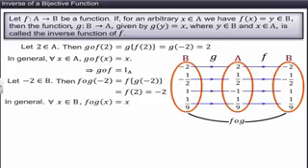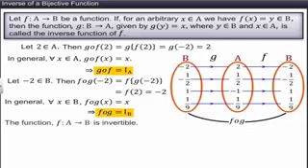Generally, f circle g of x is equal to x for all x belonging to set B. This implies f circle g is also an identity mapping on B. Here the composition of g and f, and f and g, is an identity mapping. Such a function f is said to be invertible.